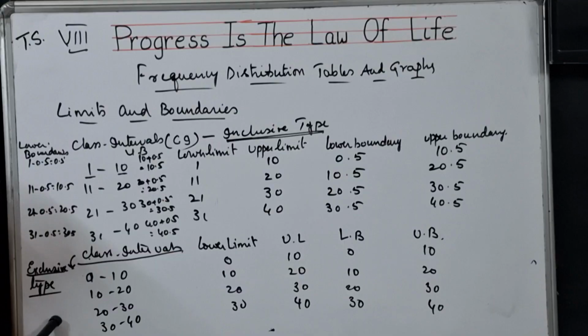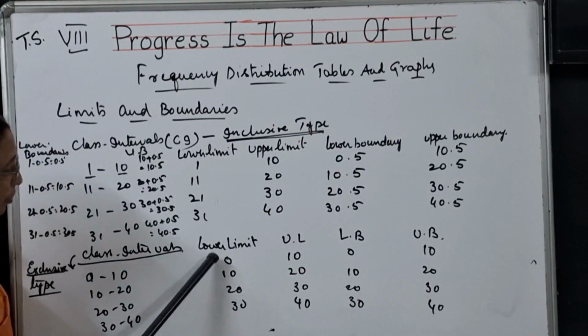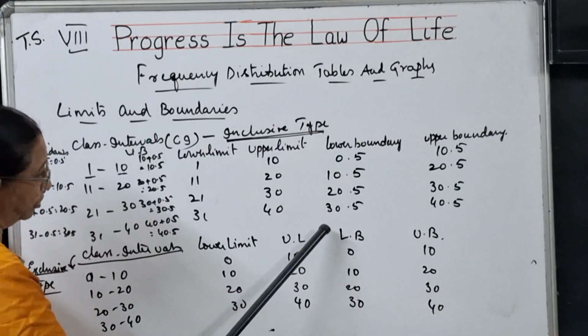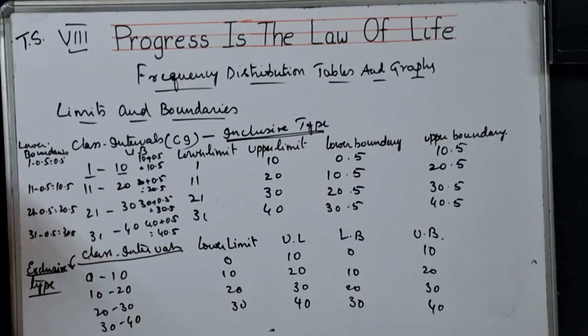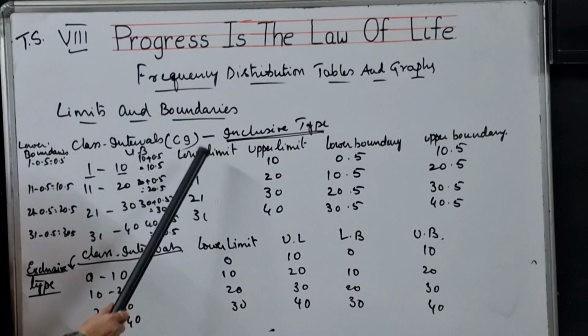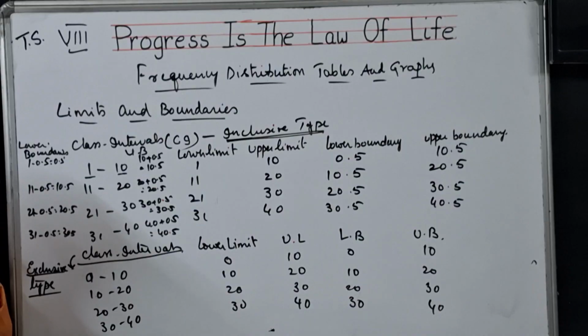But in exclusive type of class interval, lower limit, lower boundary, upper boundary are one and the same. So remember that, children, these two are very, very important for further classes in understanding statistics.